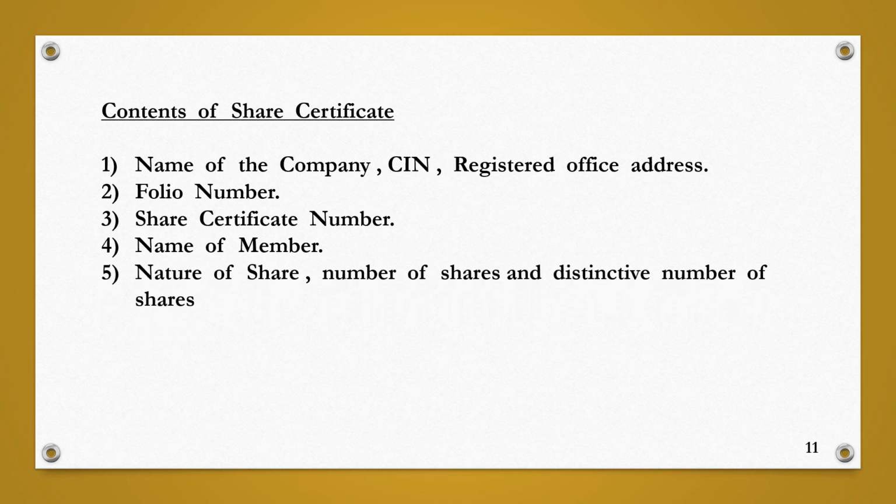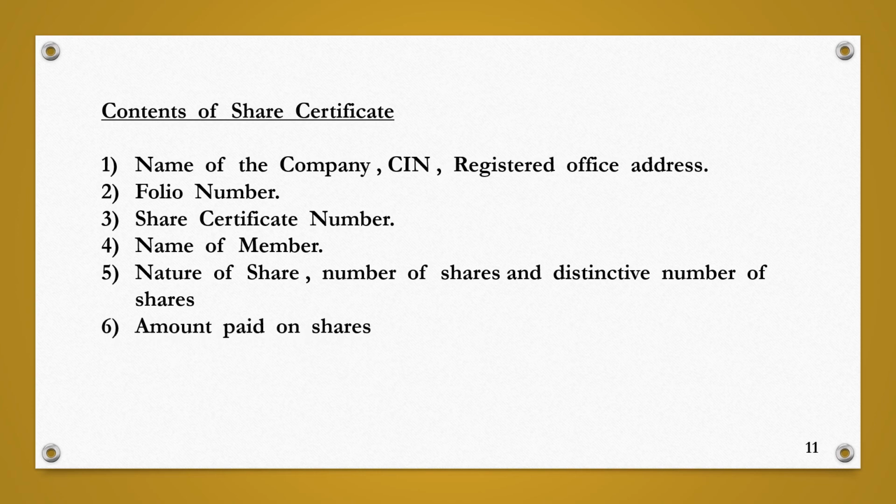Next, it should include the nature of the share, that is whether it is equity share or preference share. It should also include the number of shares, that is 100 shares, 200 shares. Not only that, the shares are numbered, as we have studied in features of shares, that is it needs to have a separate or a distinctive number. Even that needs to be specified on the share certificate.